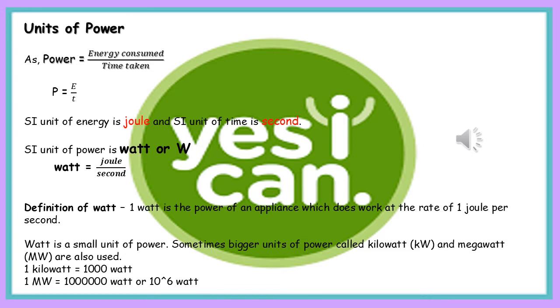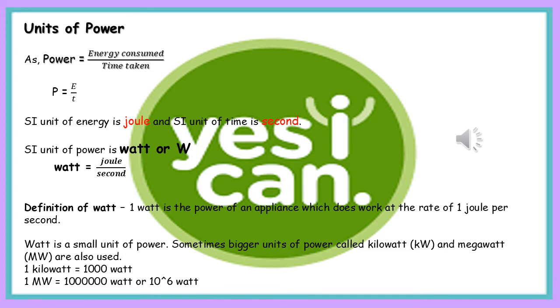So, the SI unit of power is watt, written simply as capital W. If we replace the SI units in the equation P is equal to E by T, we get watt is equal to joule by second. When we express this mathematical relationship in a sentence, we get the definition of watt. That is, 1 watt is the power of an appliance which does work at the rate of 1 joule per second.